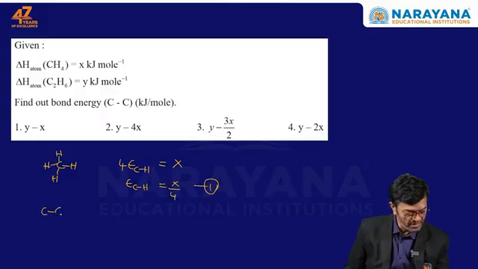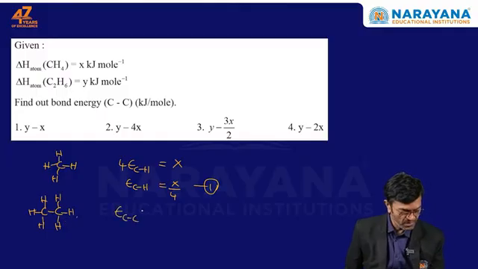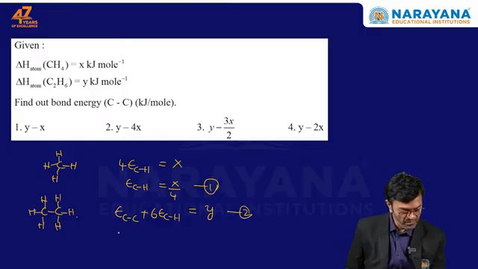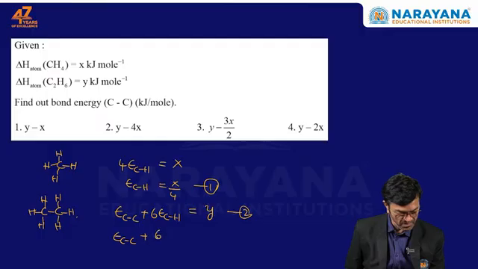And when I take ethane, ethane consists of 1 C-C bond and 6 C-H bonds, which is given as y kilojoule per mole. We need epsilon C-C. Epsilon C-H we already got, that is x by 4. So epsilon C-C plus 6x by 4 is equal to y.